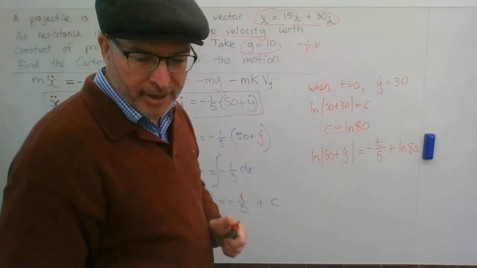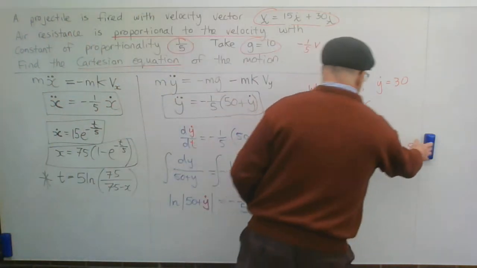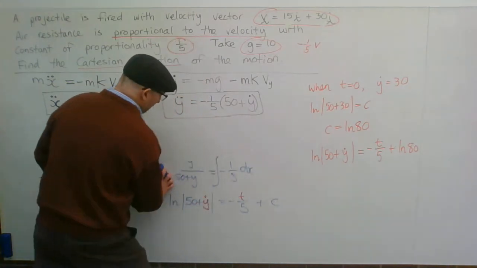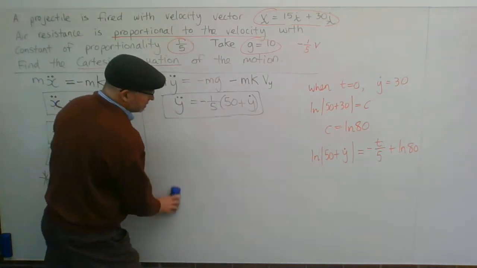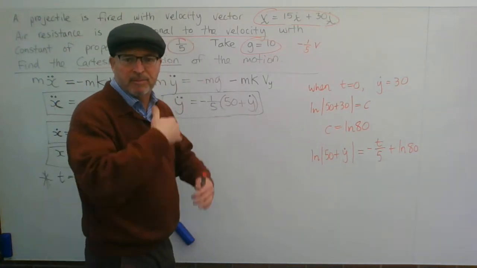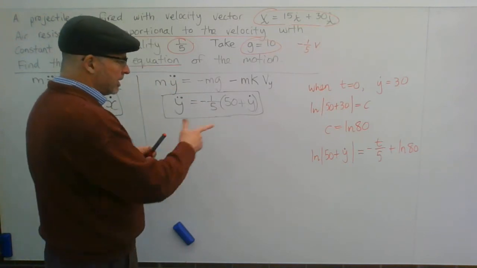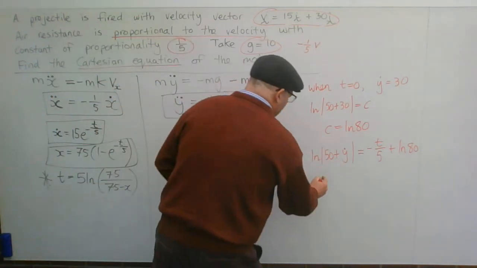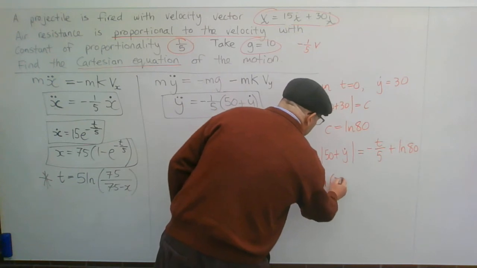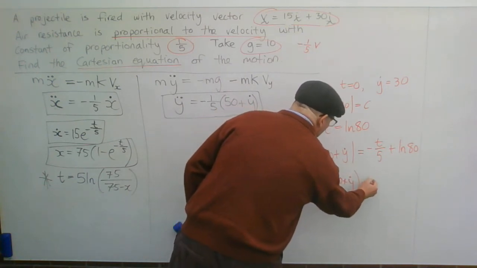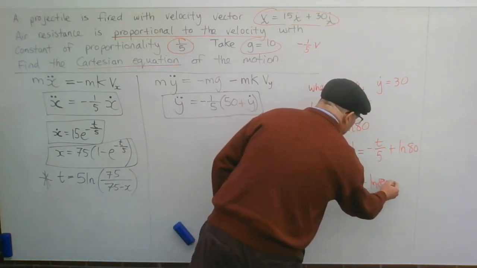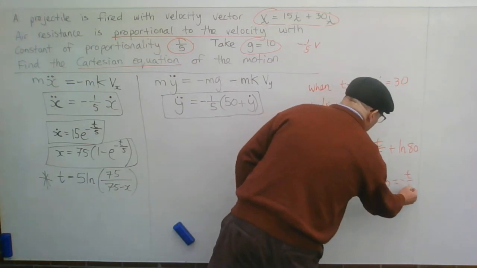So let me write down what that equation would be. If I assume the velocity is positive, which it is in the first part of the flight, then this would be natural log of 50 plus y dot minus natural log of 80 equals minus t on 5.